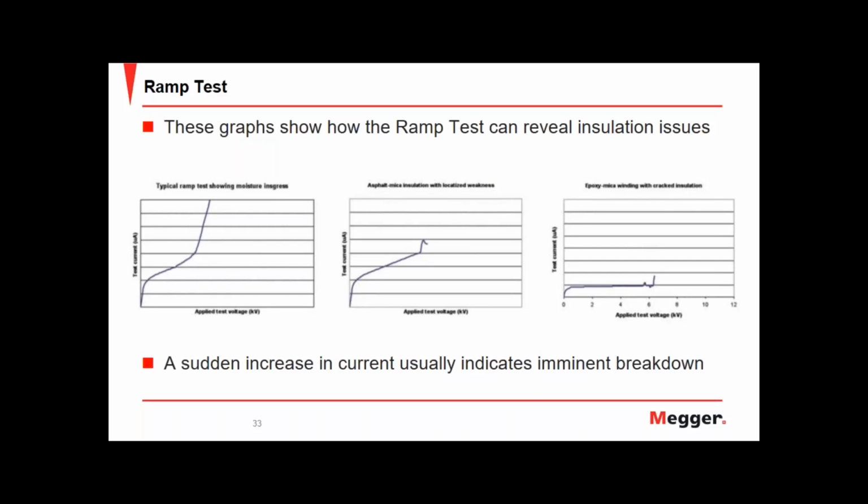There's been a quick, dramatic rise in the current, a sharp acceleration in the current rate, and again that indicates a localized weakness. On the right-hand side, we can see a very stable current, and then it starts to do all sorts of things and goes up again. So this indicates cracked insulation. Any sudden increase in current usually indicates an imminent breakdown.